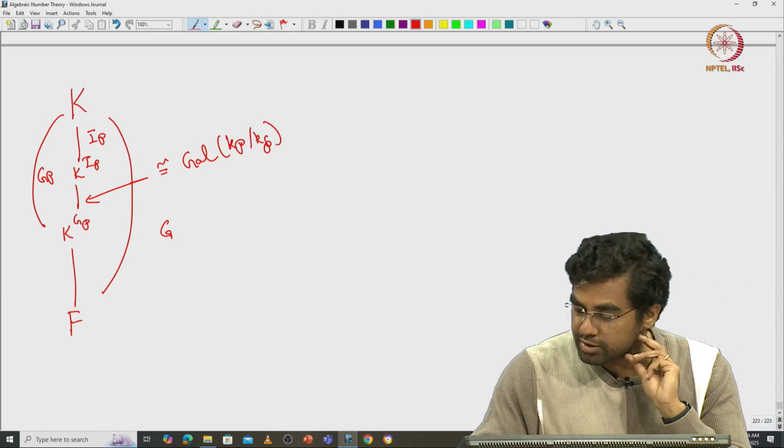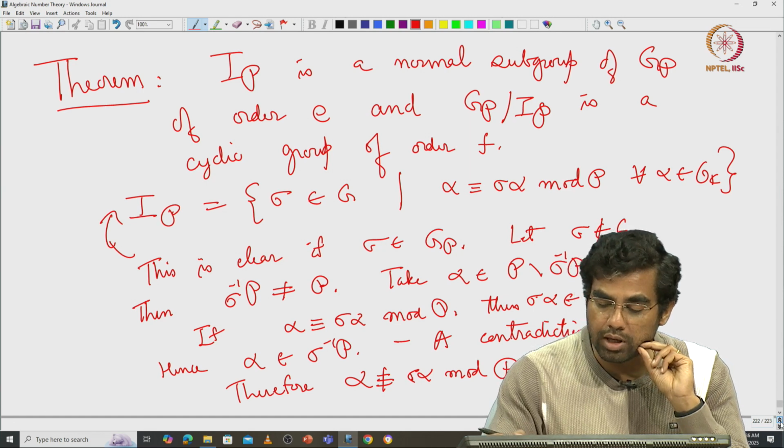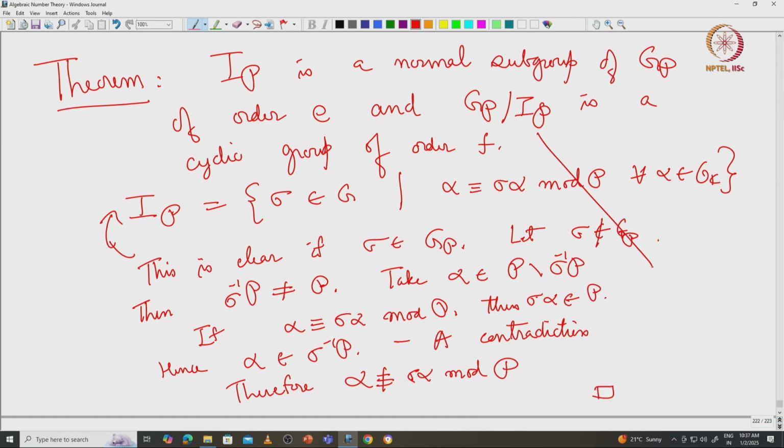Oh, in the previous one I forgot to say why it is cyclic. So, G P mod I P is isomorphic to the Galois group of K P over K small p, and this is cyclic, because it is a Galois group of finite fields, and the Galois group of finite fields is always cyclic.